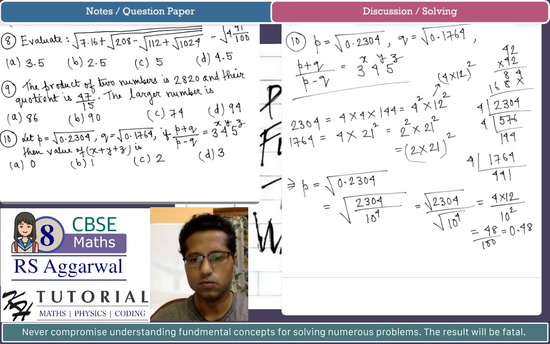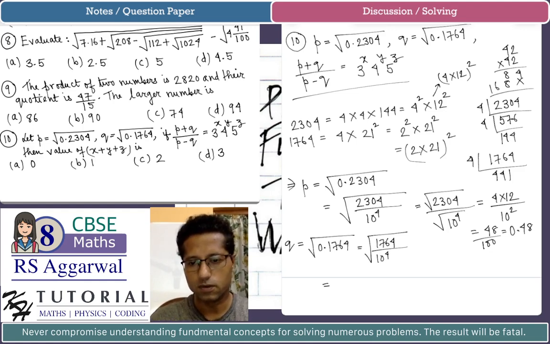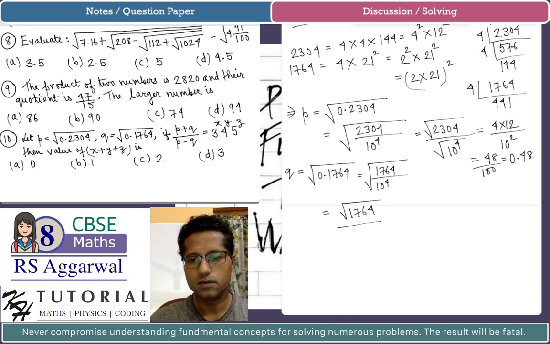Similarly, what will be Q? Q will be the square root of 0.1764. This is equal to the square root of 1764 divided by 10 to the power 4, which is the square root of 1764 divided by the square root of 10 to the power 4.